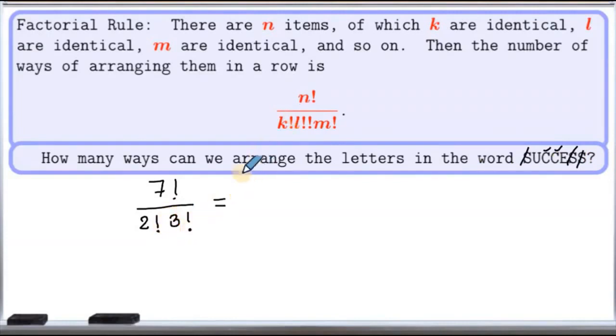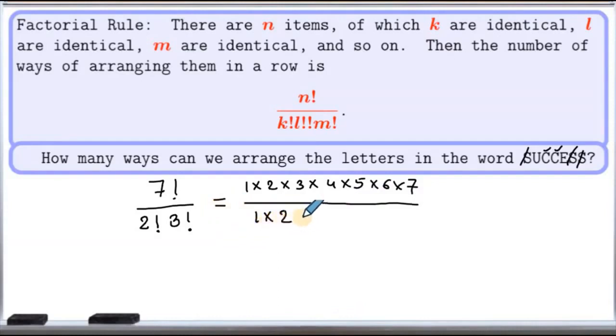7 factorial is the product of numbers from 1 to 7. So that is 1 times 2 times 3 times 4 times 5 times 6 times 7. 2 factorial is the product of numbers from 1 to 2, so that means 1 times 2.